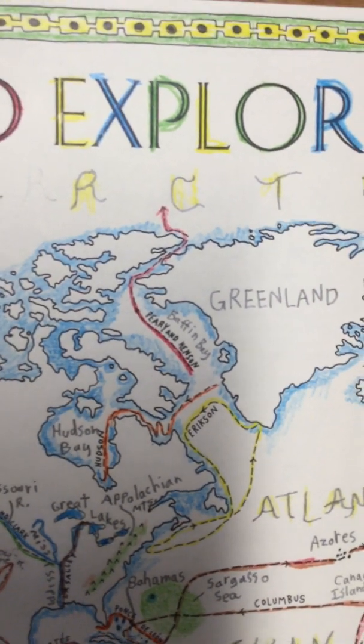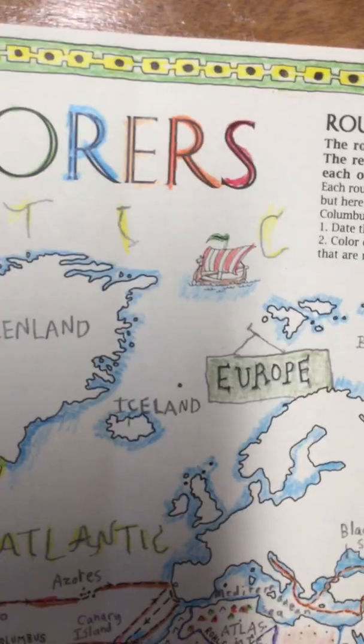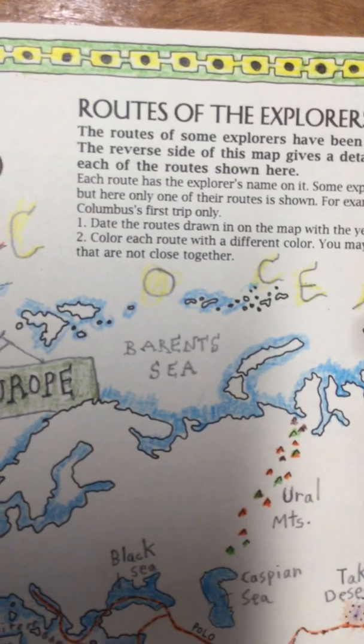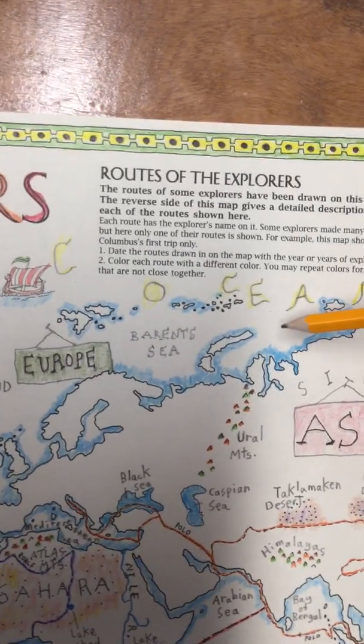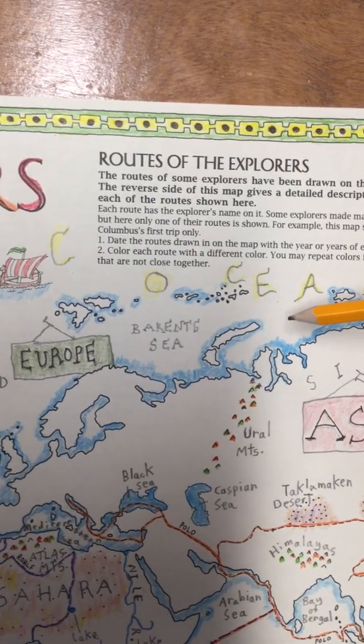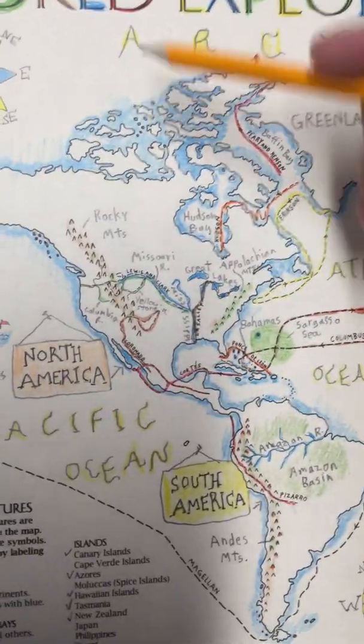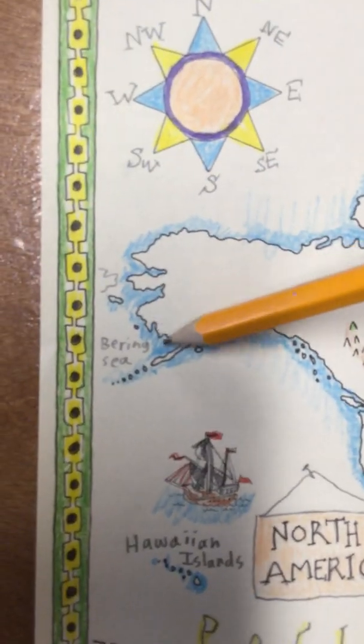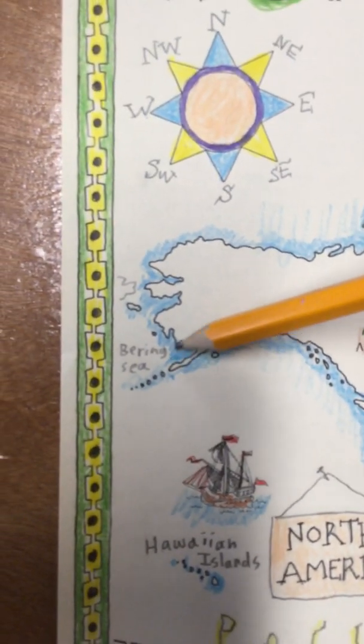So that's easy. I've also got the Barents Sea labeled too. You can go ahead and check that one off as well. And a third body of water is the Bering Sea, just off the coast of Alaska.